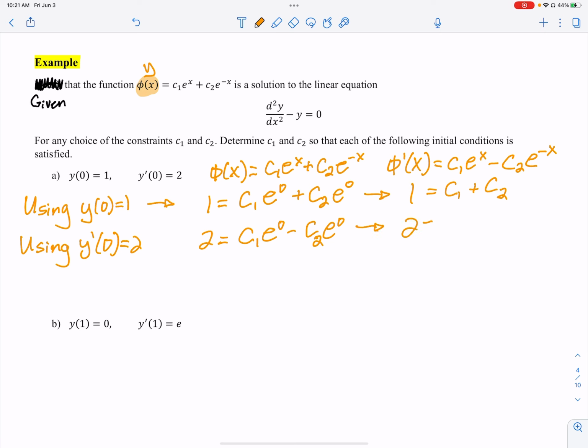And that gets me 2 equals C1 minus C2. Now, this right here is a system of equations. You guys did this back in algebra. Some of you may have done this with matrices, but there were different techniques to solve this system. Right, so there's my system of equations.